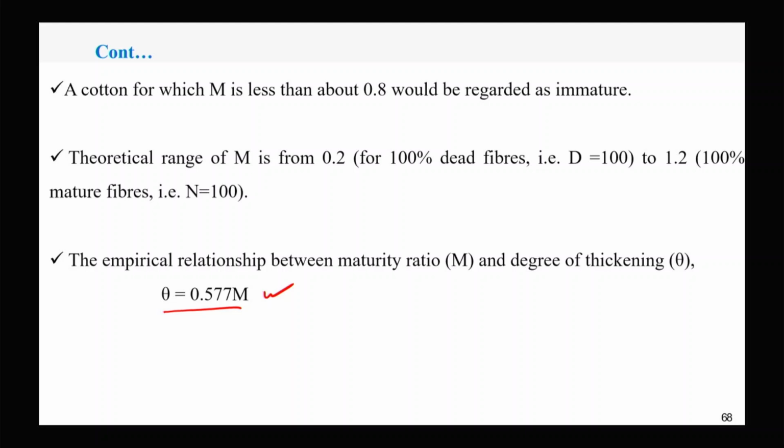This relationship is developed based on a large number of fiber samples from different zones. So if we want to know the degree of thickening, first we have to measure the maturity ratio, then we can get the degree of thickening.